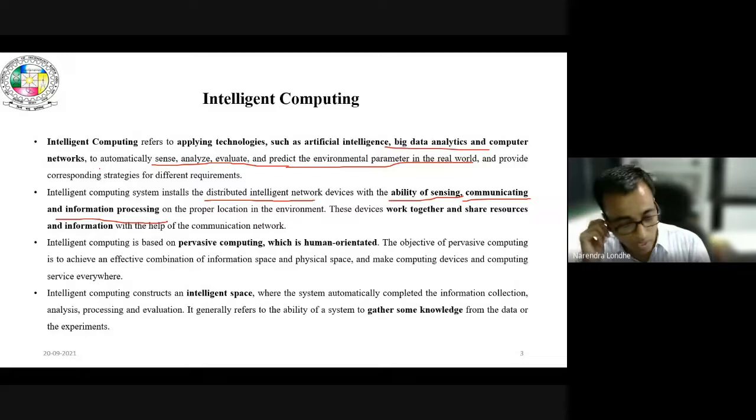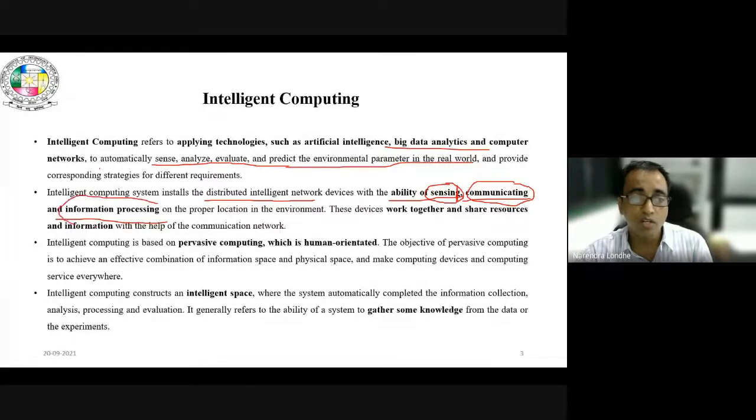You have to understand that whenever you design any AI architecture, there are basically two things: the environment and the agent. The agent is the AI, the computer programs which learn from the environment using sensors, and also deliver output to the environment in the form of actuators. So we need the ability of sensing, communicating with the environment, and processing the information received from it.